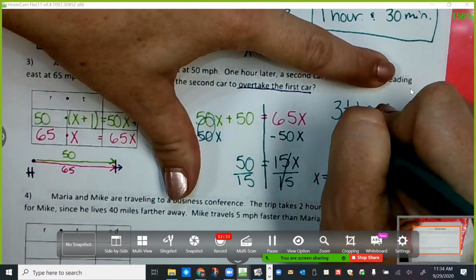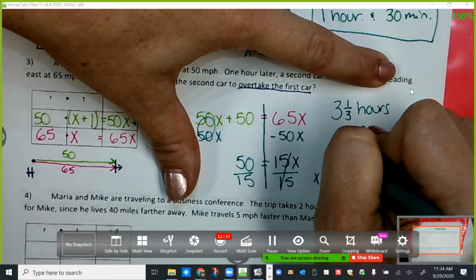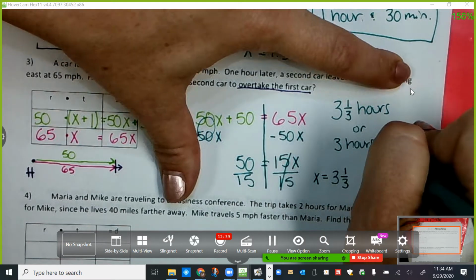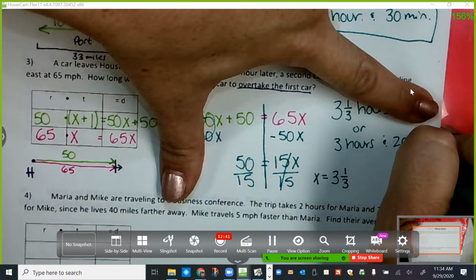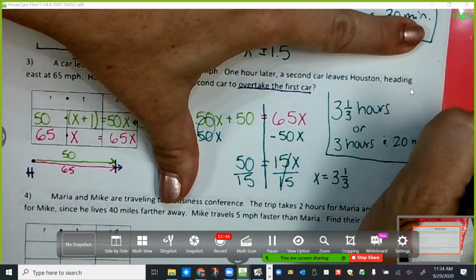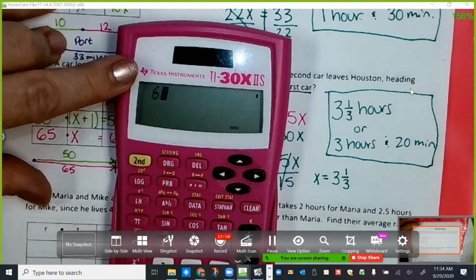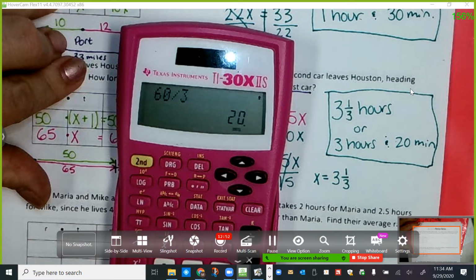Now, who can tell me what a third of an hour is? Not 15 minutes. It's 20. And I'll show you how I can figure that out. Doesn't 1/3 pretty much just mean divide by 3? So how many minutes are in an hour? Divided by 3 gives me 20 minutes.